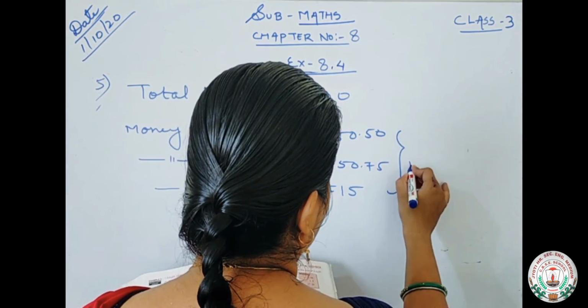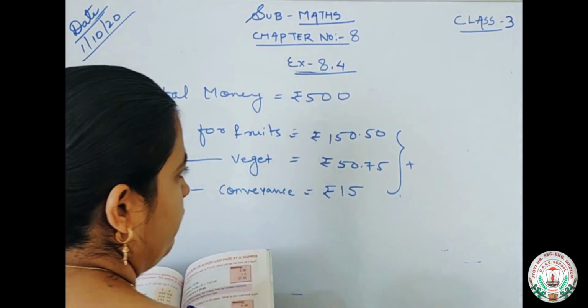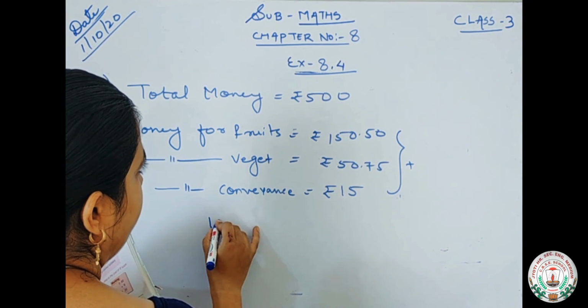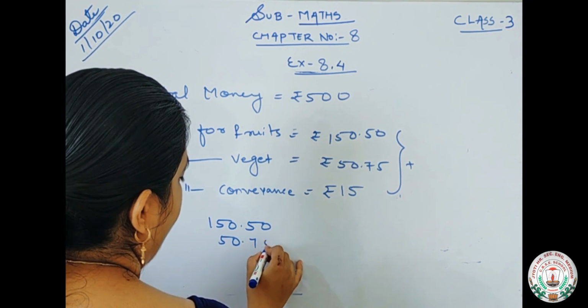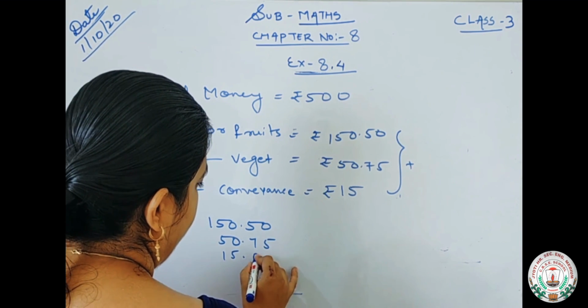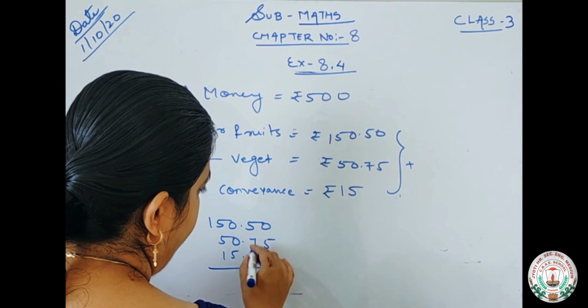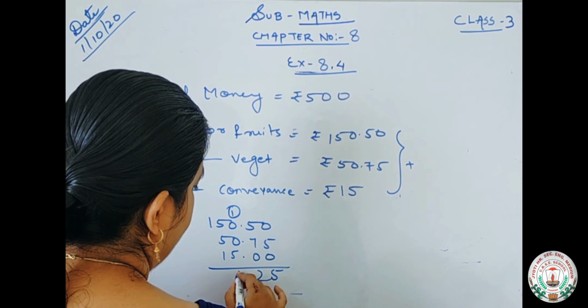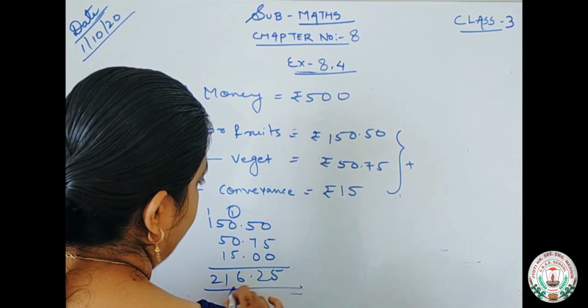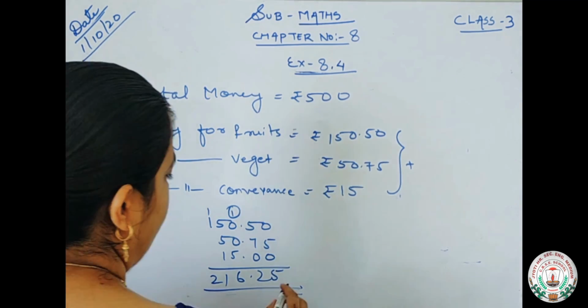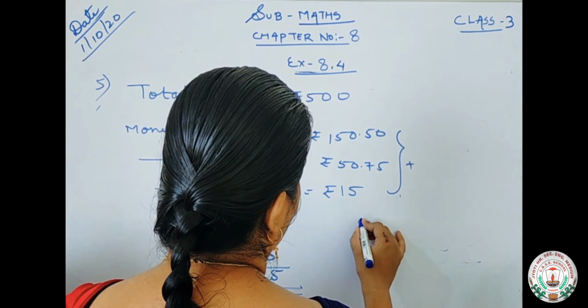First we will add the expenditure and then we will subtract from the total amount. Okay. 150.50, 50.75 and rupees 15. Add this. 5, 12, 2, carry 1. 6, 5, 5, 10, 11, 1, carry 1, 2. So the total expenditure is rupees 216.25. Now what is left?